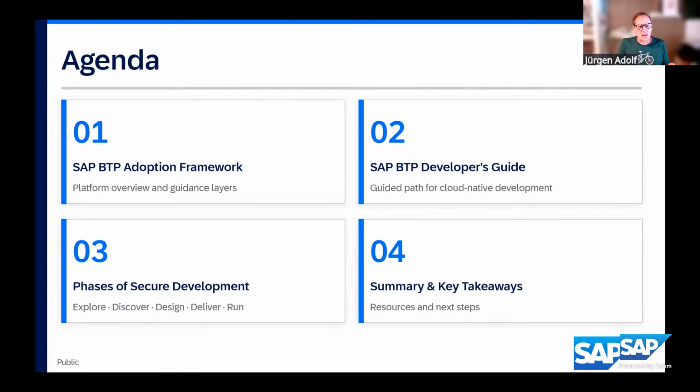Then we will have a look at the SAP BTP Developers Guide, which is a structured, phase-based guide for building cloud-native applications securely. From there, we will go deep into the 5 phases of secure development: explore, discover, design, deliver, and run and scale. That is where we will spend most of our time during this presentation.